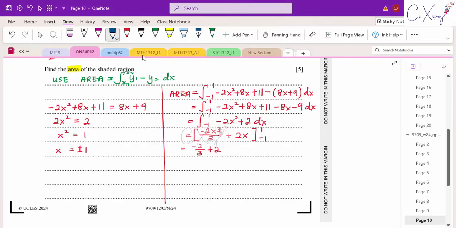Then substitute negative 1 into the equation, you'll be having 2 over 3 minus 2. Then just simplify this particular number. Then by right, you should be able to get 8 over 3. Okay, yeah, so this is how we solve this question.